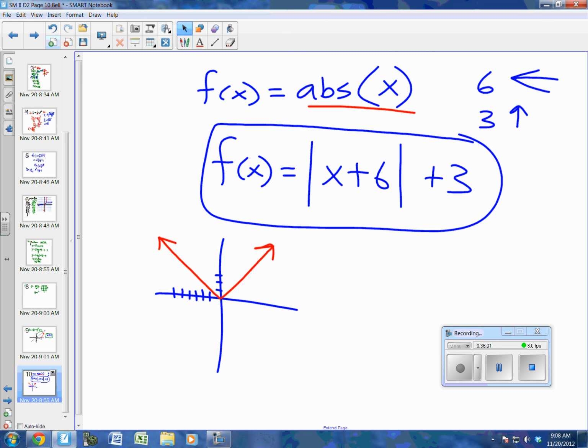So my new equation, left 6, up 3, is going to go like this, right? There's my new equation right there. I moved it left 6 and up 3. Okay, that's the transformation that took place.